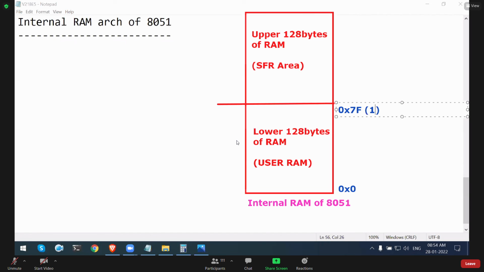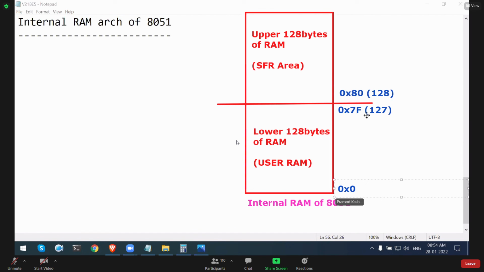These 0 to 7F addresses come under the user RAM. 7F is decimal 127, and 128 is hexadecimal 0x80.